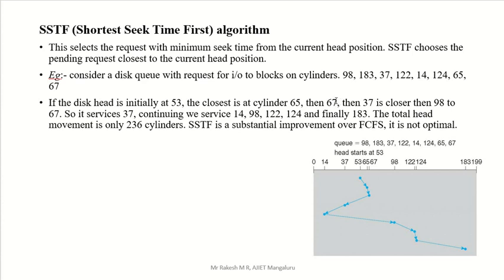After 65, which is nearest out of these 8, that is 67, so go to 67, serve that. Then after 67, which is closest, there are two numbers, one is 37, one is 98. Out of that, after 67, 37 is closer than 98. You can calculate the numbers, how much distance there is. So 37 is closer than 98.